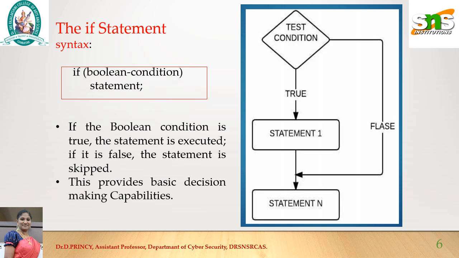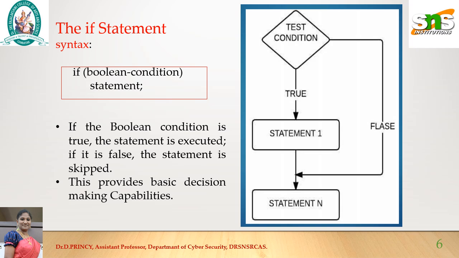If statement. The syntax of the if statement is if followed by a condition which returns a Boolean value, and it has a set of statements as the body of the if block. See the flow chart: when the test condition is tested, it evaluates to either true or false. If it yields true, statement 1 will be executed.